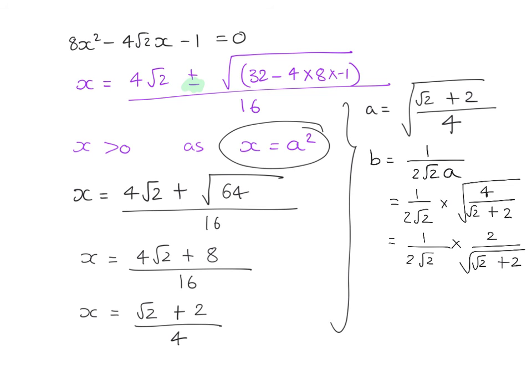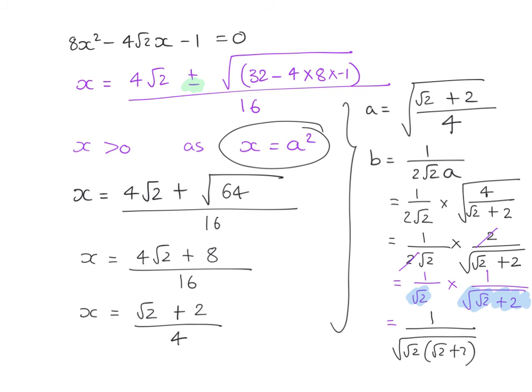And then this 2 and this 2 cancel. And we've got 1 over root 2 multiplied by 1 over the root of root 2 plus 2. And because there are two roots here, we can combine them as one single product. So that's 1 over the root of root 2 plus 2. And that's our value of B.